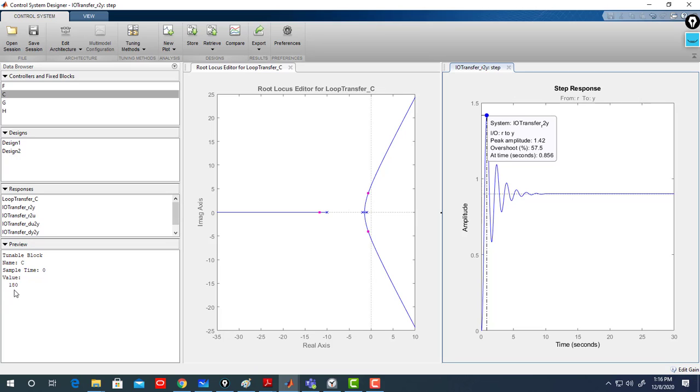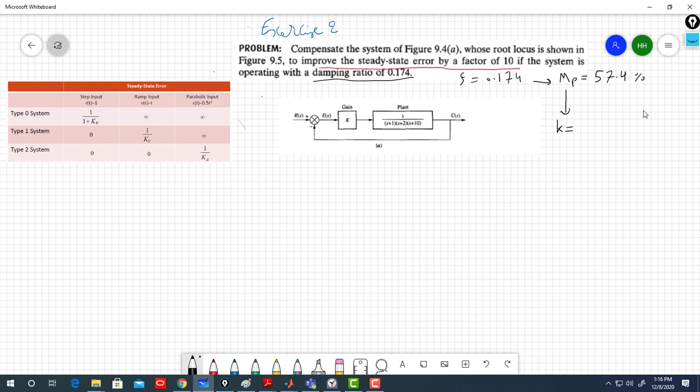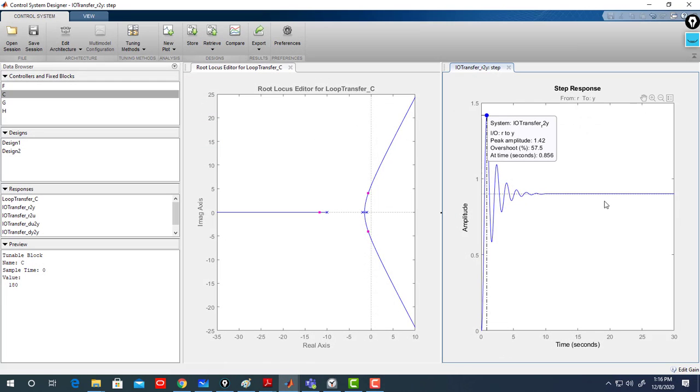So at gain K equal 180, so my controller is equal to 180, I get an overshoot of 57.5. Alright, that's what we did in the previous exercise. At that K equal 180, that's how my step response will look like.